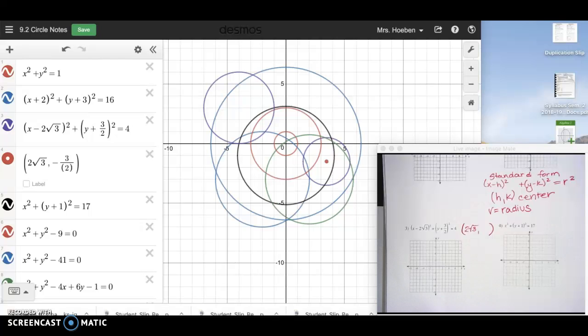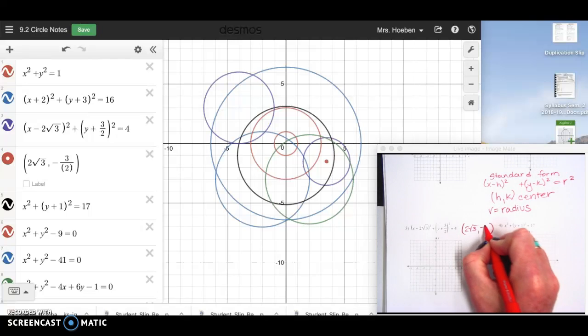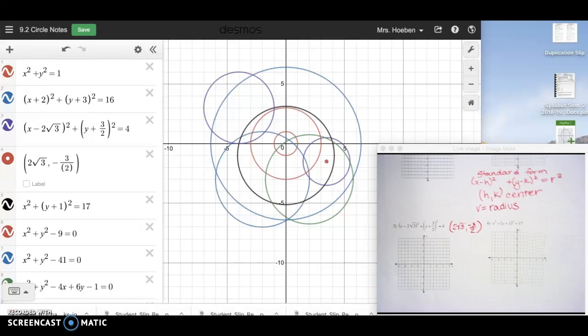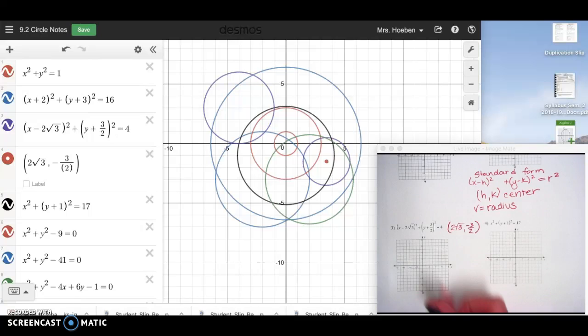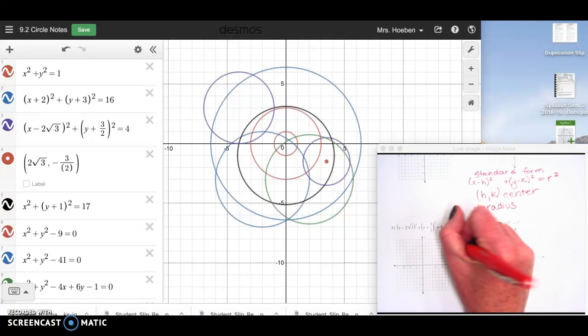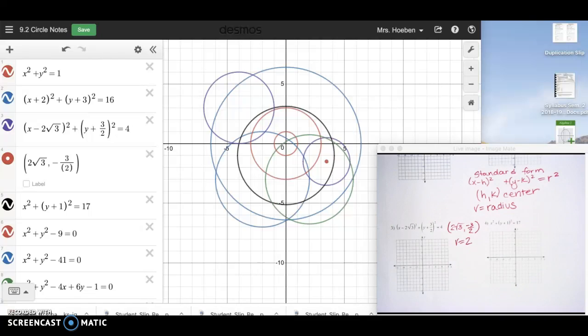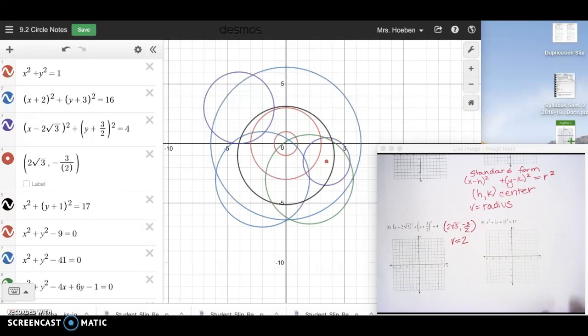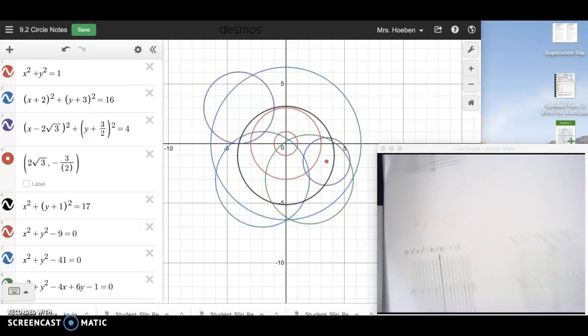If they give it to you as a radical, just leave it as a radical unless you really like decimals. If they give it to you as a fraction, leave it as a fraction unless you really like decimals, okay? So that's going to be your center. Take the square root of 4. You should get a radius of 2, right? 4 is pretty self-explanatory.